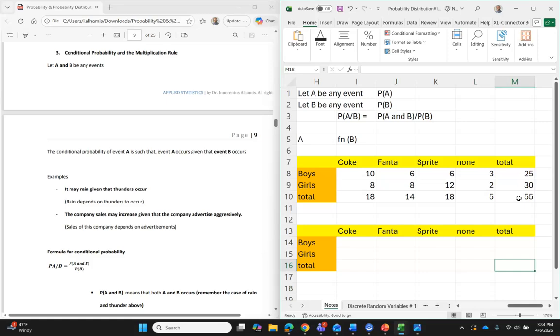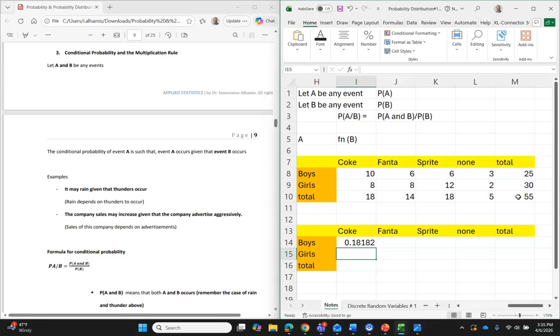And how that will happen, it means first of all, I'm going to take each value here divided by the total, meaning that if, let's say, the number of boys who prefer Coke are 10 out of 55, then I'm going to put an equal sign here and click on 10 out of the total, which is 55, and enter.